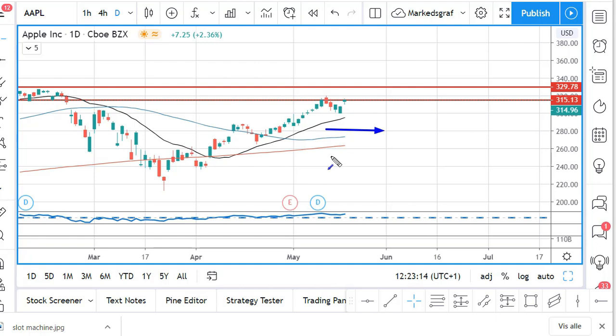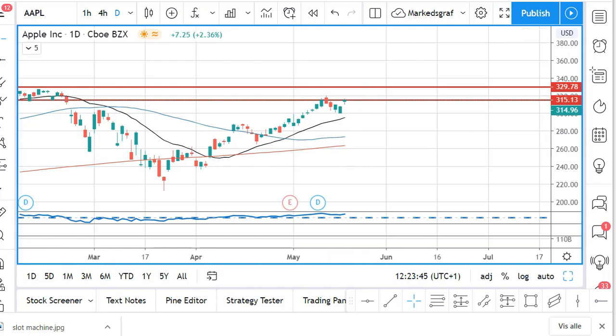Many people do this in stocks that they don't own, of course, but that they wouldn't mind owning. So if you're a big Apple fan, but you're saying, well, I'm not sure I would buy it at 315, but I would like to buy it at 280. Then you can sell a put option down here.